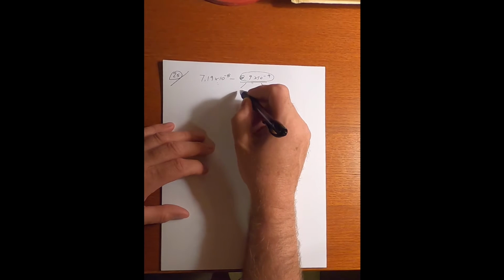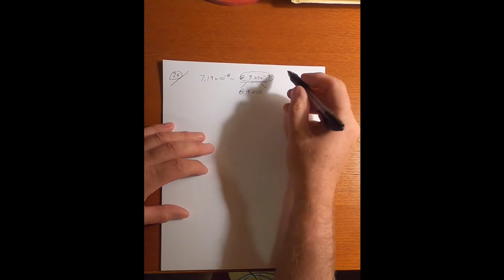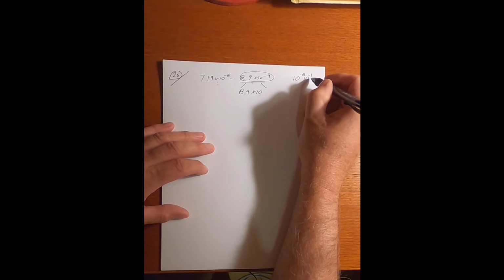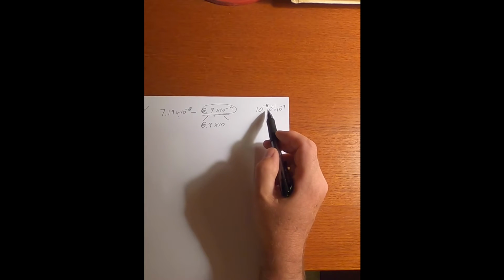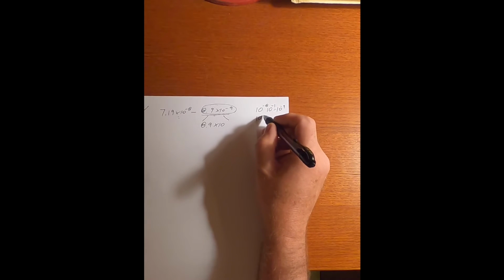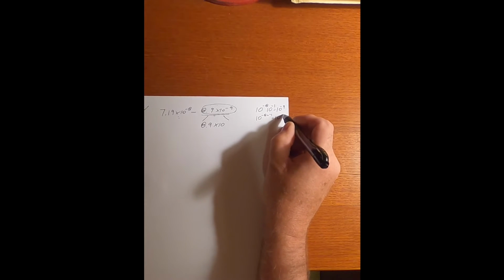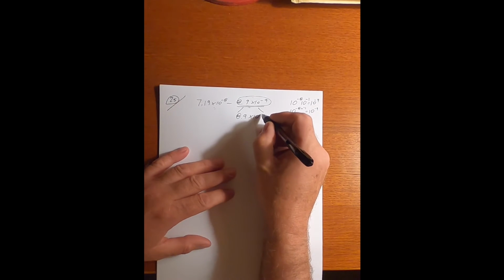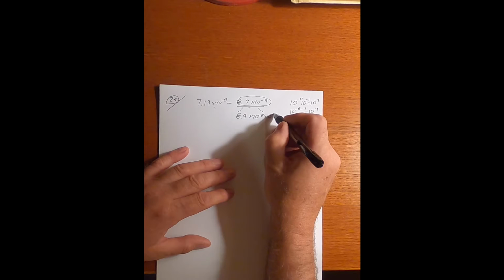You have 8.9 times 10 to the minus 9, which is 10 to the minus 8 times 10 to the minus 1, because by the exponent rules, minus 8 plus minus 1 equals minus 9. So I'm breaking up the minus 9 into minus 8 and then times 10 to the minus 1.